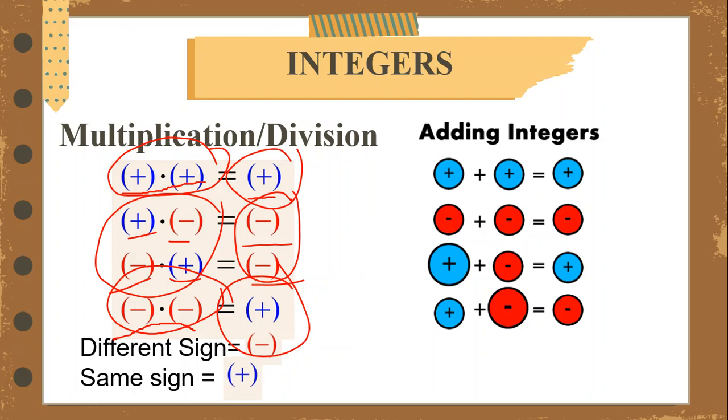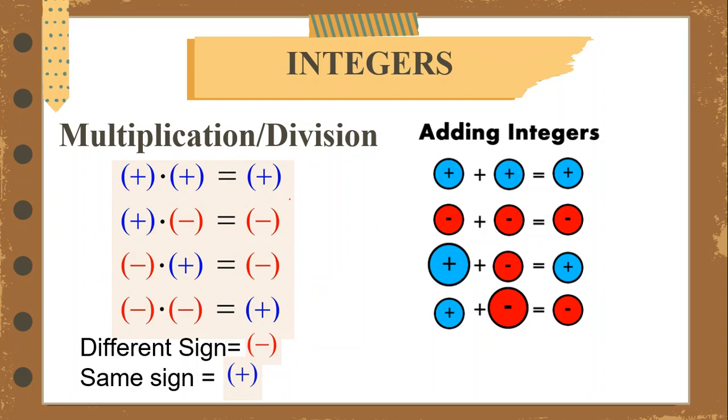Next, adding integers. Wait, I will erase it. Okay, so adding integers, just look at the circle. Positive and positive, there's no problem, you just copy the sign.